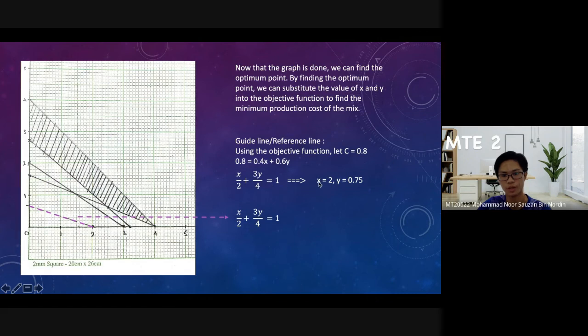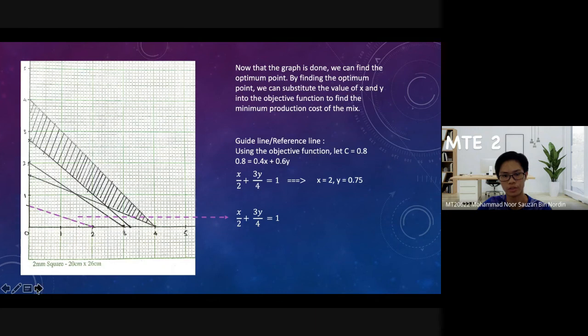So the coordinates will be x = 2 and y = 0.75. And this, the lowest line, will be the reference line and guideline.